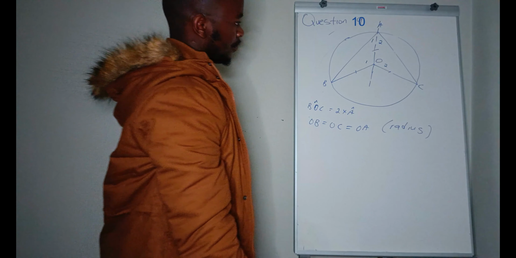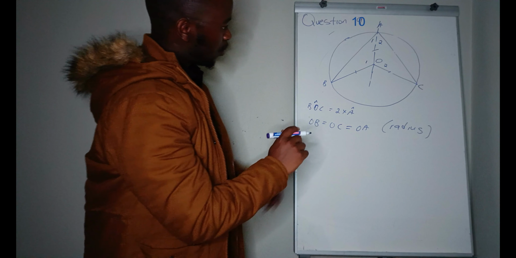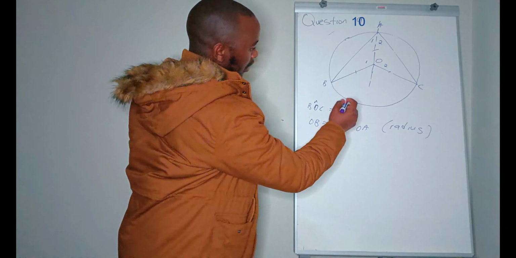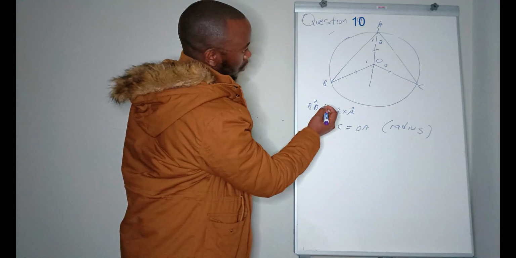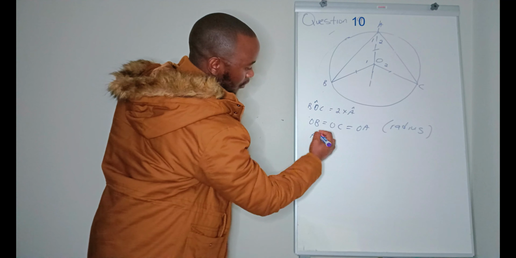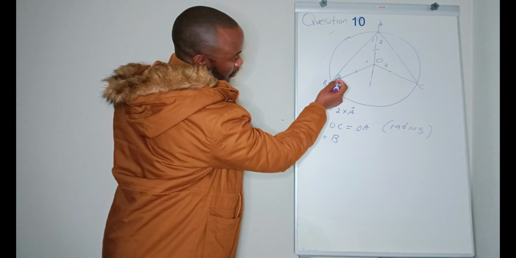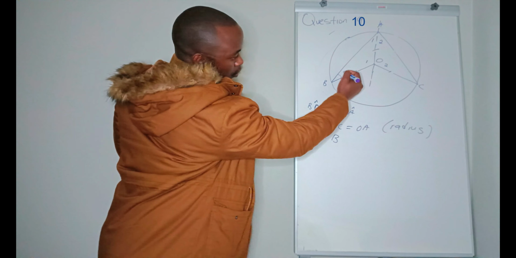All right. So also what we see from that is that if these two lines are equal, it means A1 is equal to the angle B here. B is equal to A1.